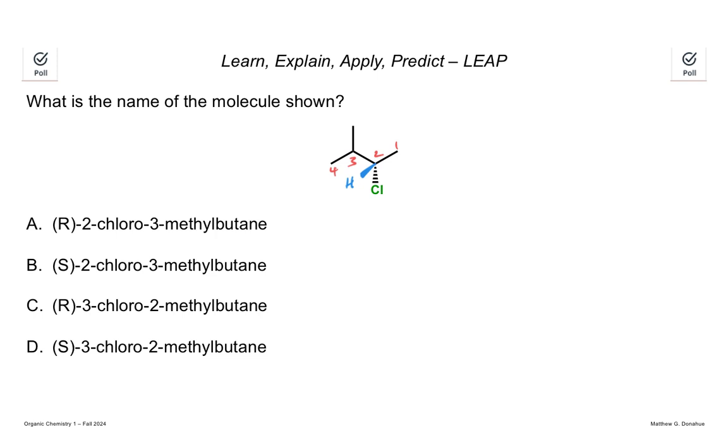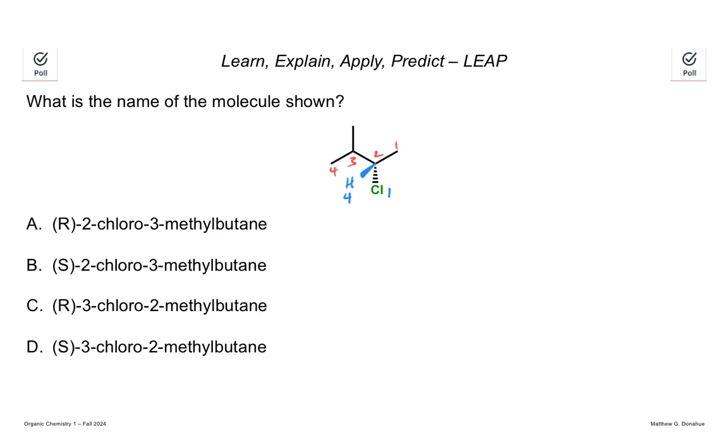So you have an H, a Cl, and 2 carbons. Hydrogen's priority 4, chlorine's priority 1. Then of the 2 carbons that are directly bonded to it, so this one and that one, this one will get priority because it has 2 other carbons, and this just has hydrogens.